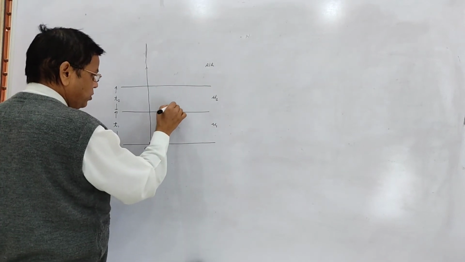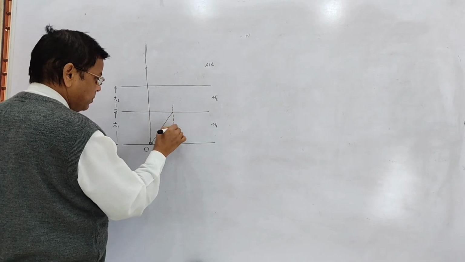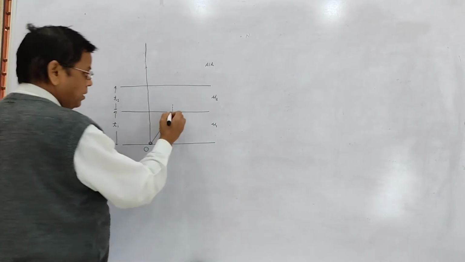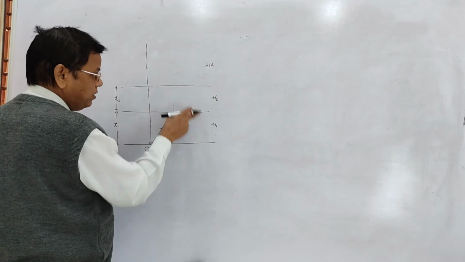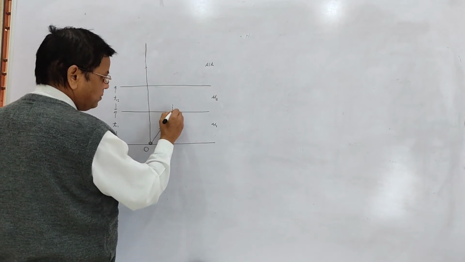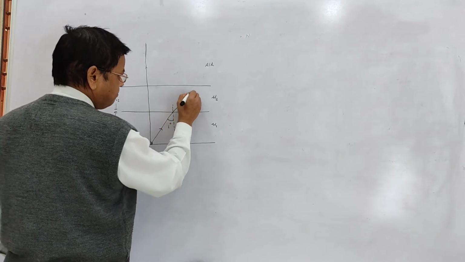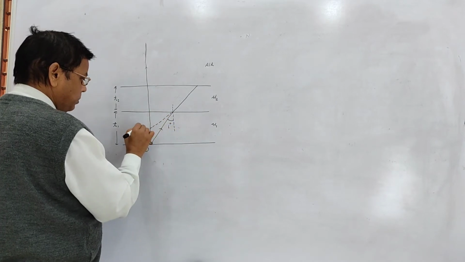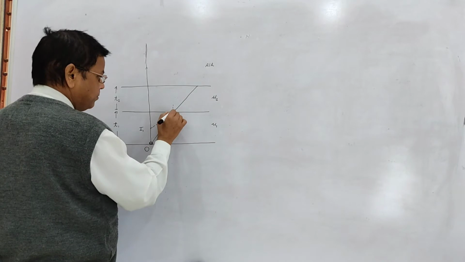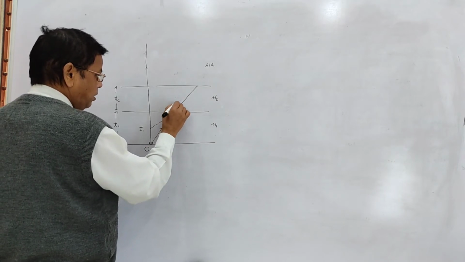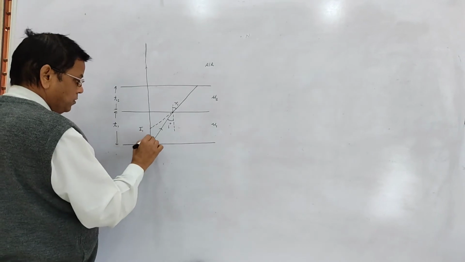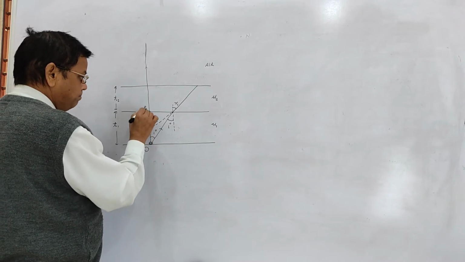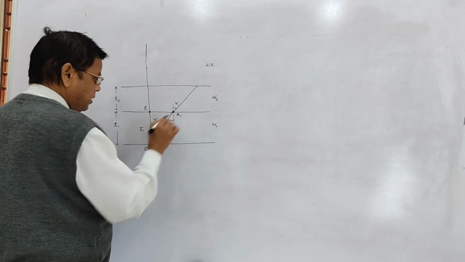Suppose it is first incident somewhere here. This is the angle of incidence i, and as it is going in, let mu 2 be lesser than mu 1, then it will go like this. So this is the image I1 and this angle is R1, the angle of refraction. So this angle will be i, this angle will be R1. Let this point be P1, this point be A1, and this is O.